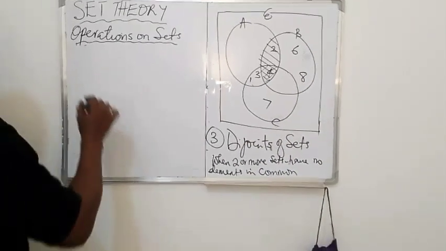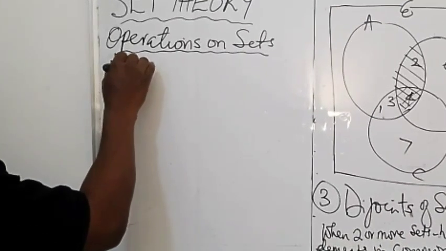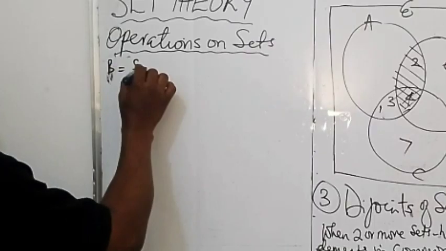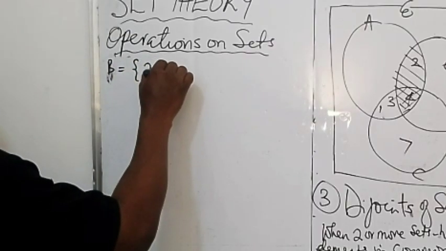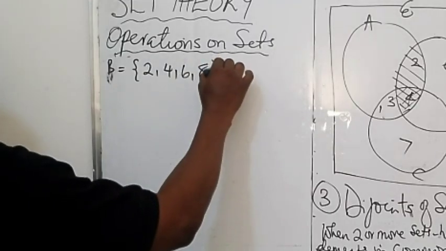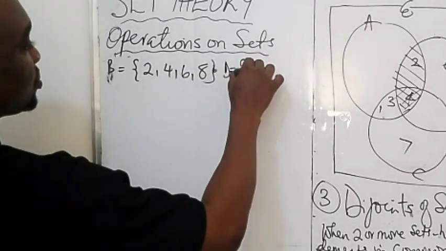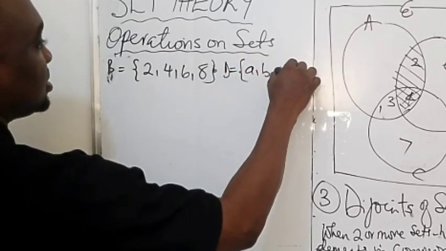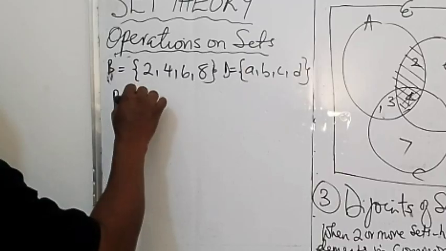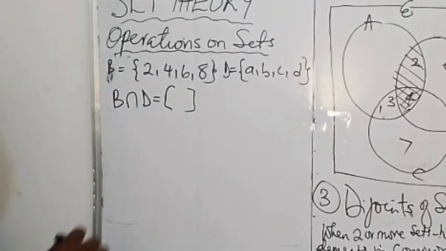For example, let's use set B first. Set B is 2, 4, 6, 8. Then I have a certain set D. Set D refers to A, B, C, and D. So B intersection D is an empty set.